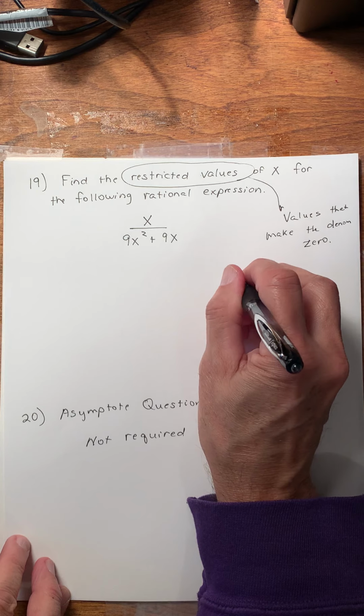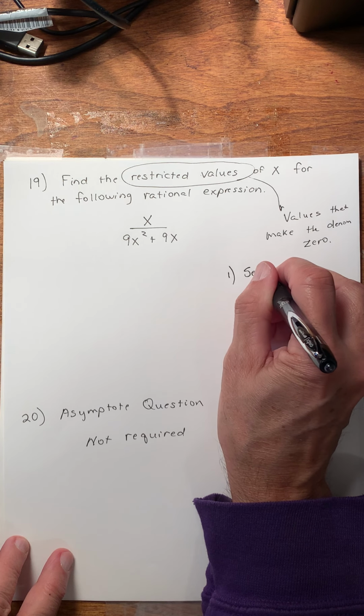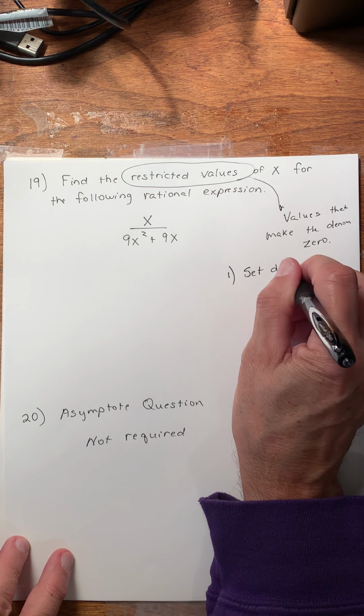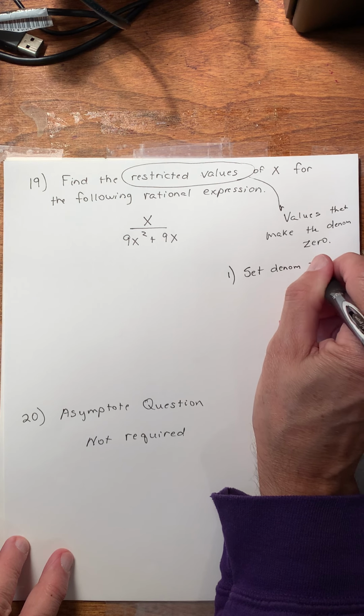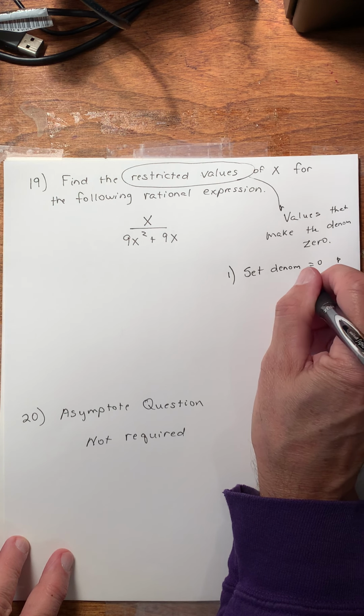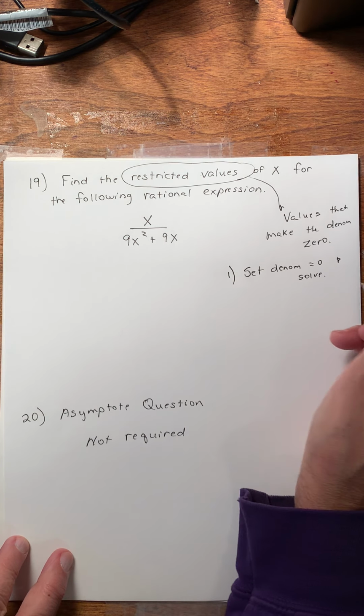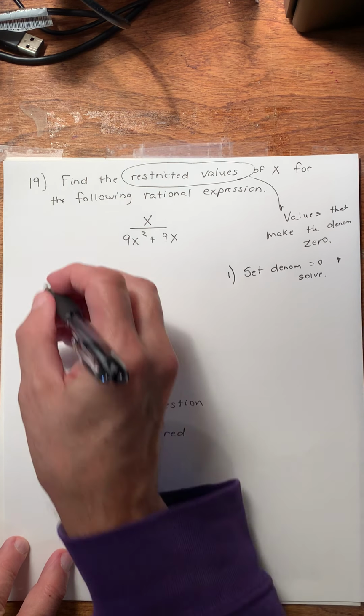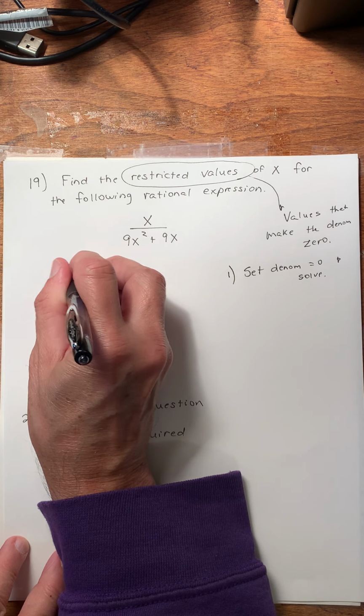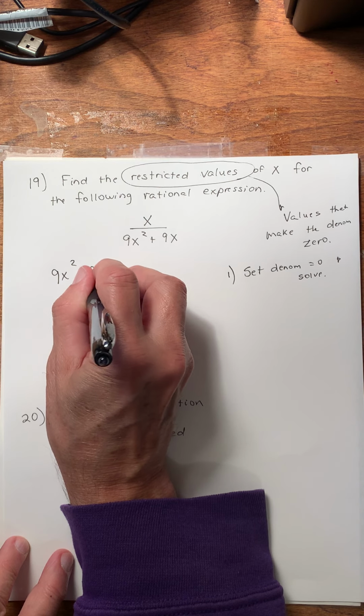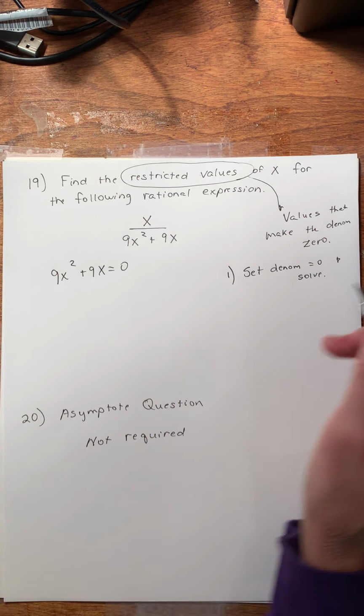So what do you do? Number 1, I set my denominator, just the denominator, equal to 0 and solve. Here's my denominator. Set it equal to 0 and solve.